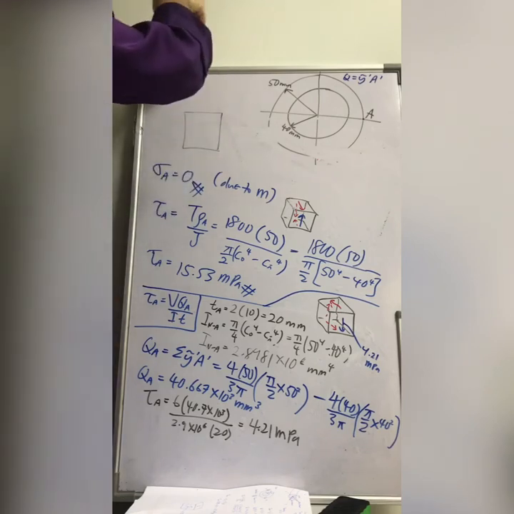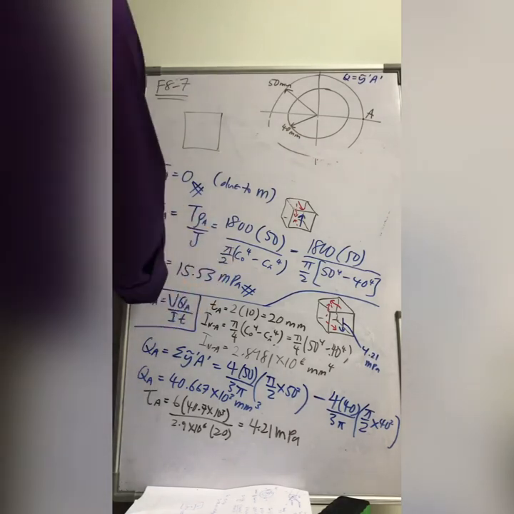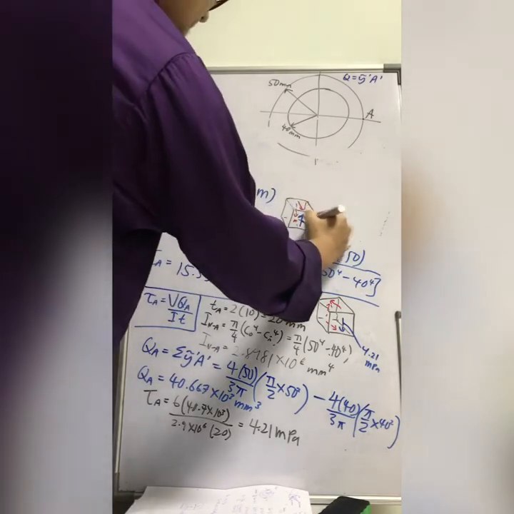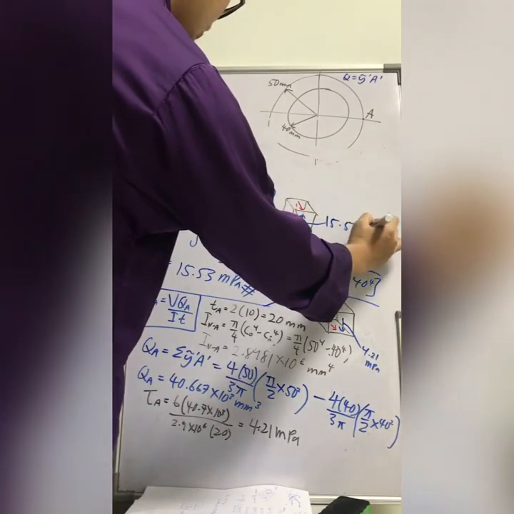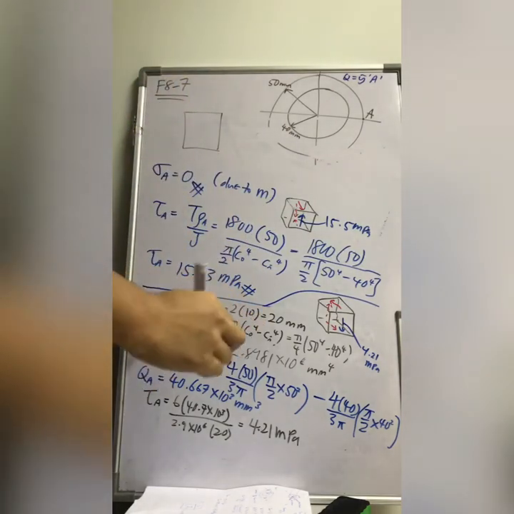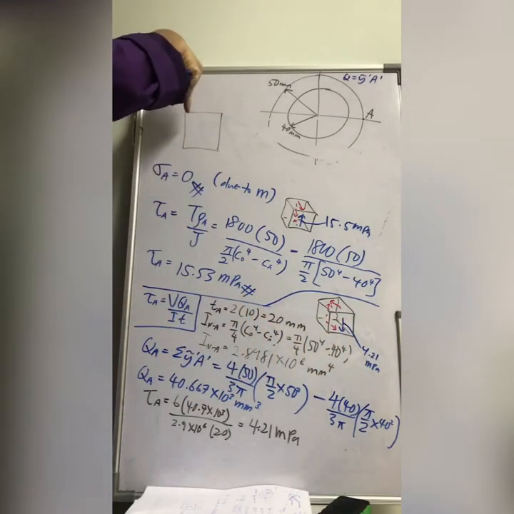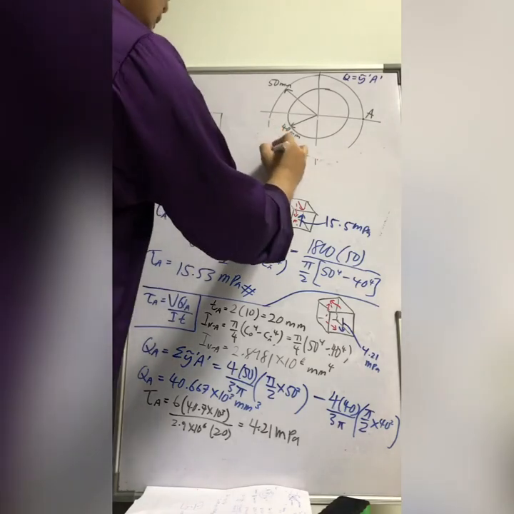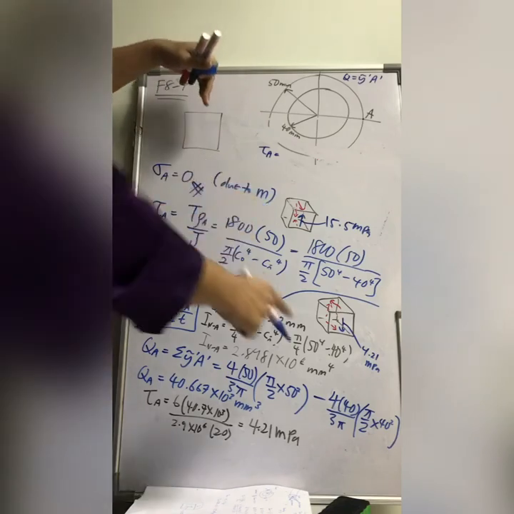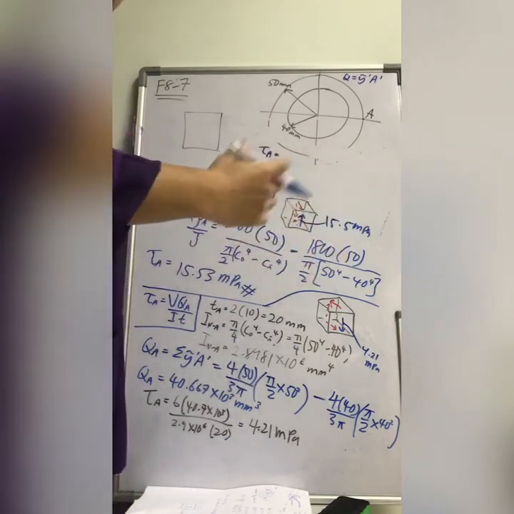But regarding the shear, are you going down or going up? Now we need to decide. You see, this tau A due to T is this much, 15.5 megapascal, going up. While the tau A due to V is 4.21 megapascal going down. So you have to subtract them out because they are in opposite directions.